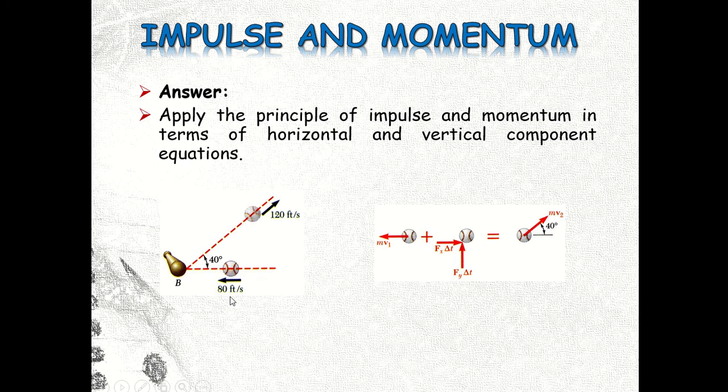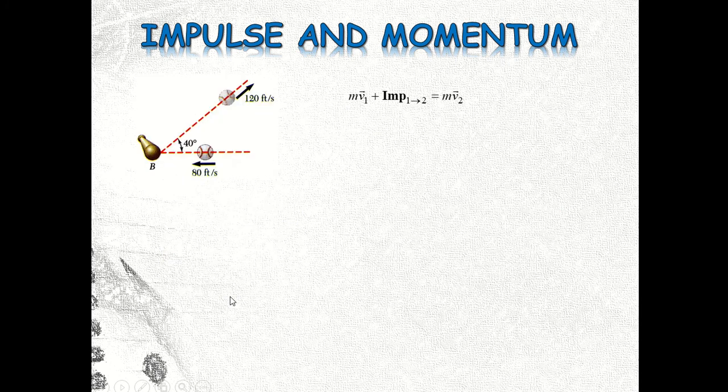So what we're going to do now is, again, use the formula for impulse and momentum: mv, the mass times the velocity of this ball, plus the impulse from 1 to 2. Assuming that from here to there, this is r1 and r2 is at this position, this is equal to the product of mass and velocity at this point here.